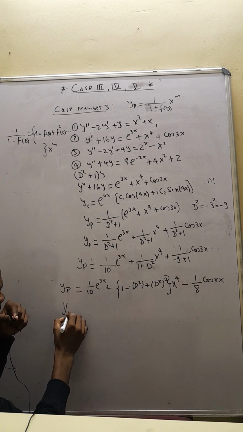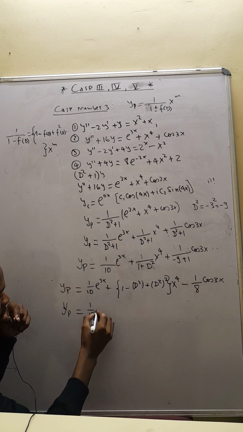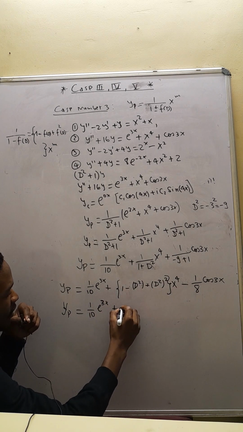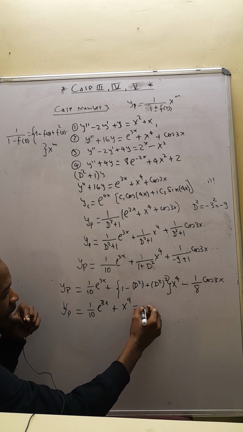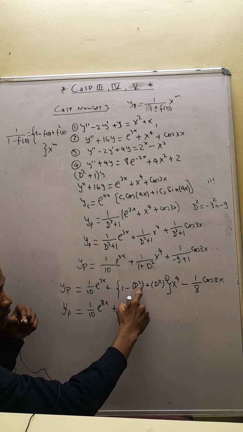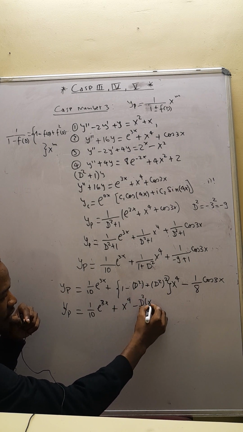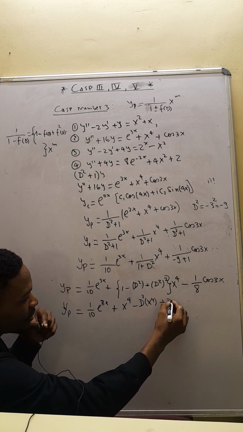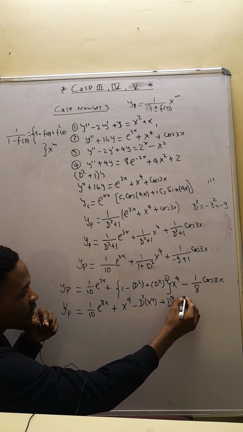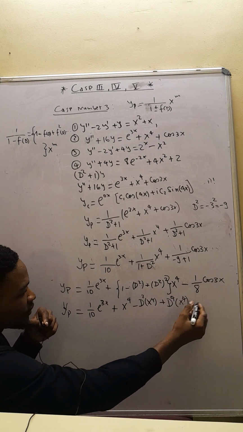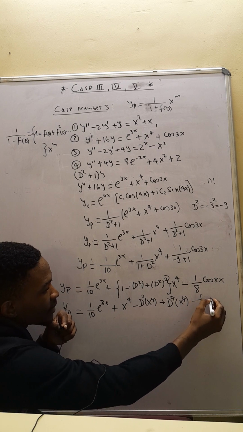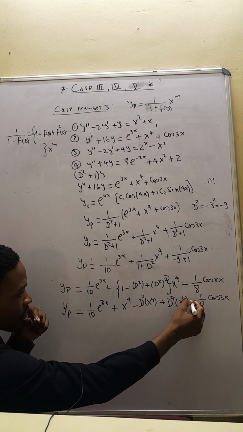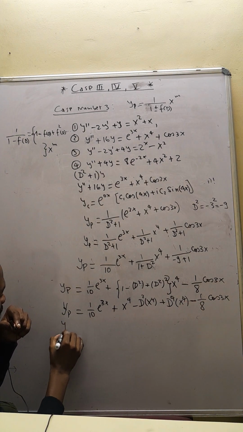So yp will be equal to 1 by 10 Euler raised to 3x plus, apply to here, x raised to 4 minus, this when you apply to this, so this will be d differentiation 2 times, and this is this function, then plus d raised to 4 differentiating like this x raised to 4 minus 1 by 8 cos 3x. Okay, then just solve this one and you are done.